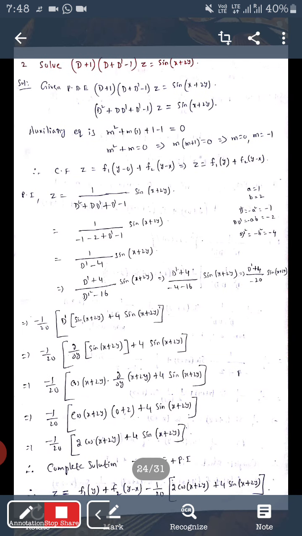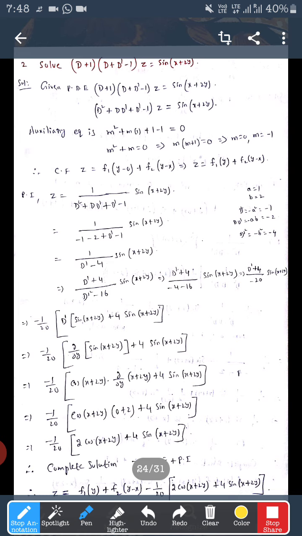Next, we consider the second example. This is the problem: (D + 1)(D + D' - 1) z = sin(x + 2y). On the left hand side, after further simplification, we get (D² + DD' + D' - 1)... So first we write the auxiliary equation.